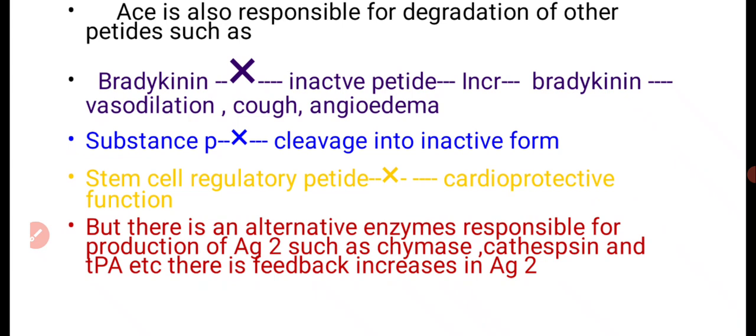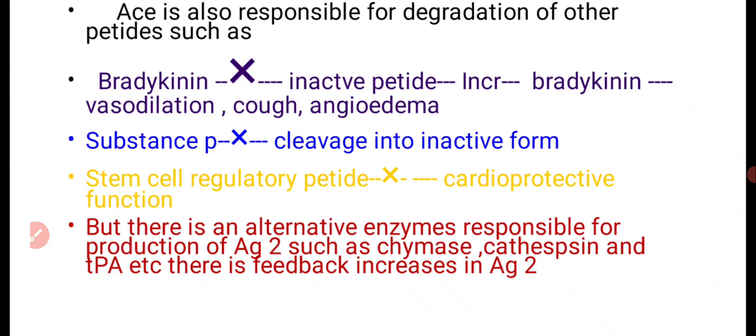But in the case of angiotensin type 1 receptor blockers, ARBs, when angiotensin 2 is produced by the alternate pathways, it is unable to stimulate the angiotensin type 1 receptors, because the receptors are completely blocked. So it is independent of how much angiotensin 2 is present in the body.